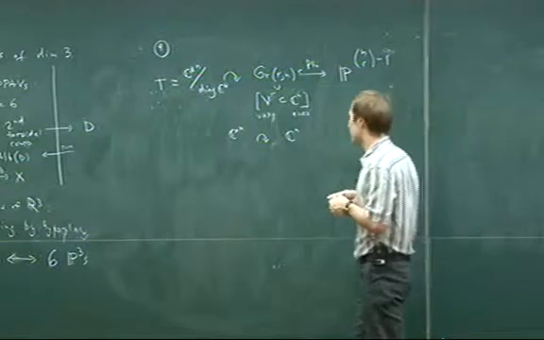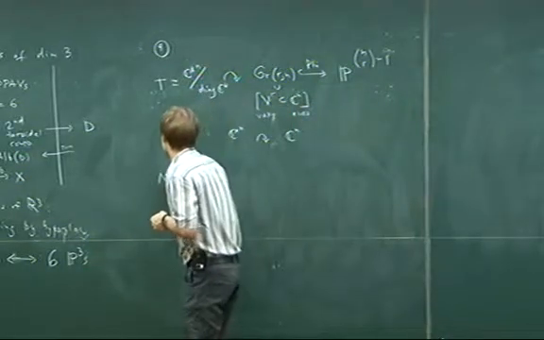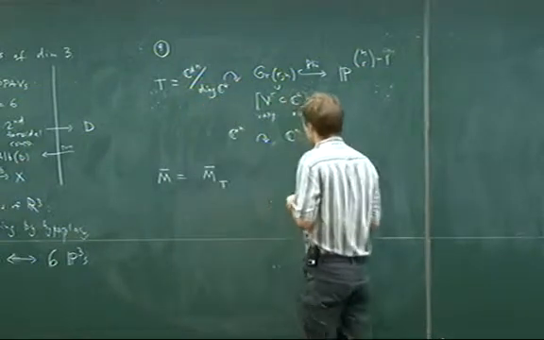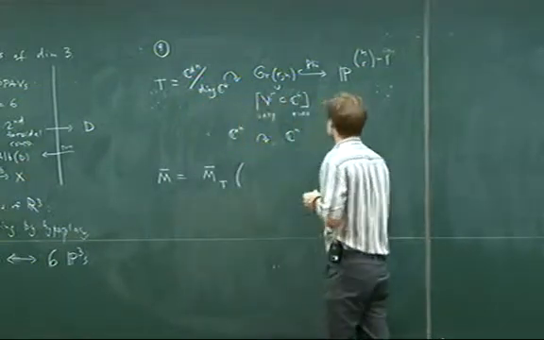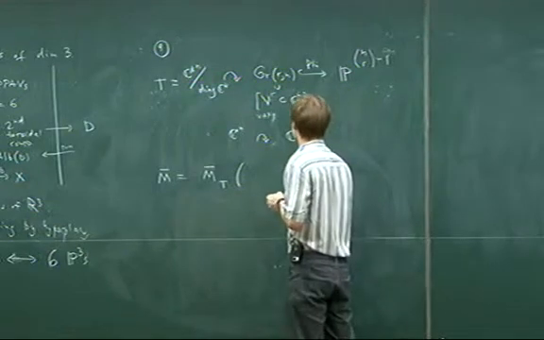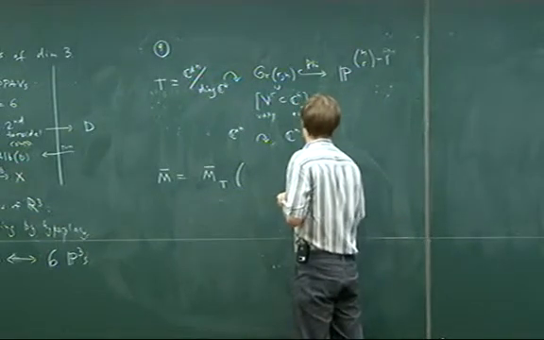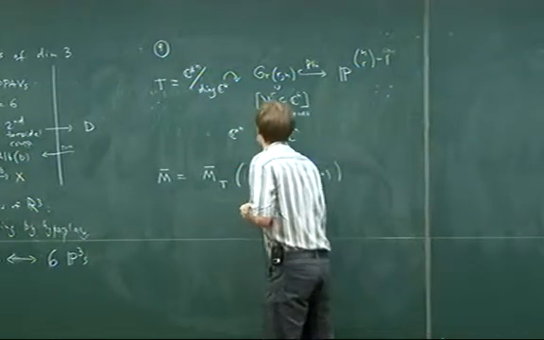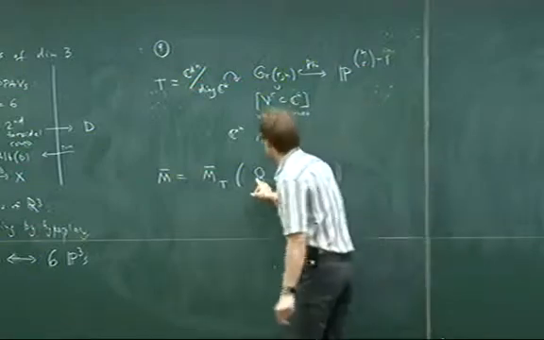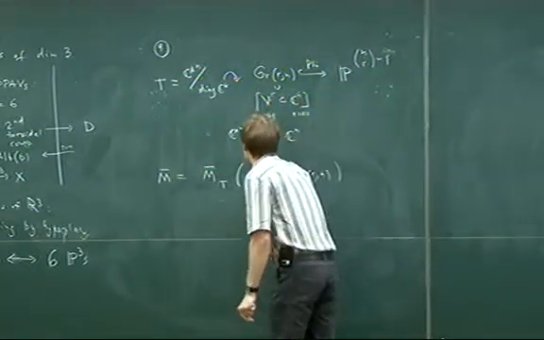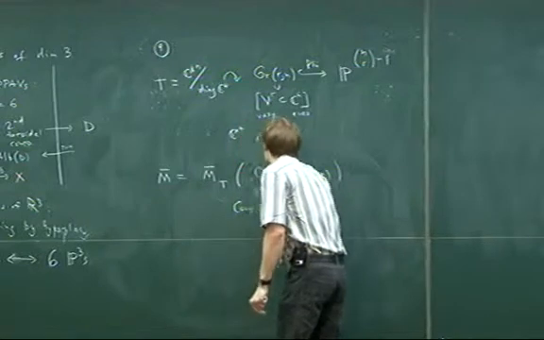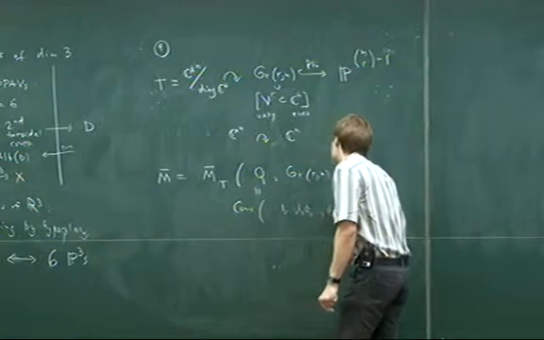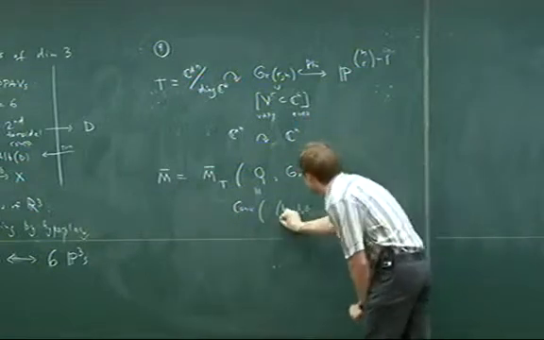And so then I can apply my previous construction and I can look at these toric stable maps into this Grassmannian. And this polytope will be the convex hull of points like this.